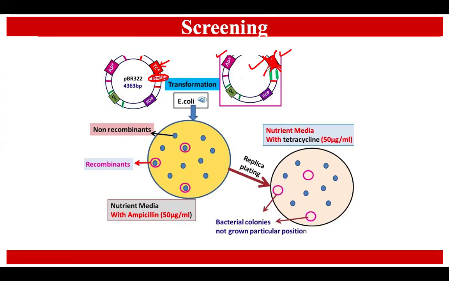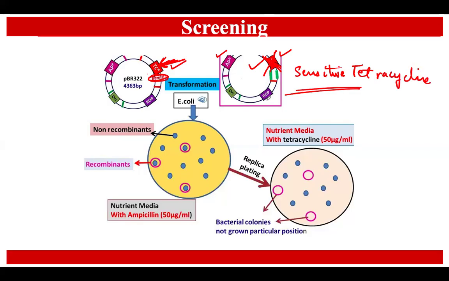So how are we going to do that? As I just mentioned, BamHI is present in the tetracycline resistance region. Now the recombinant molecule of pBR322, which includes the newly inserted DNA molecule, is sensitive to tetracycline, right, after the insertion. So this is the first very important point.